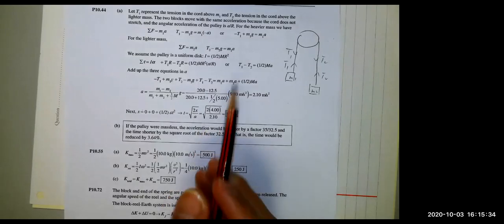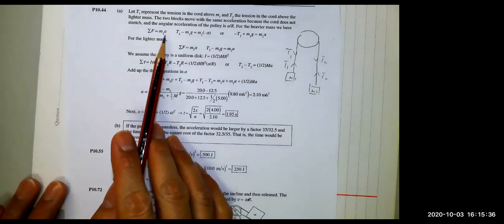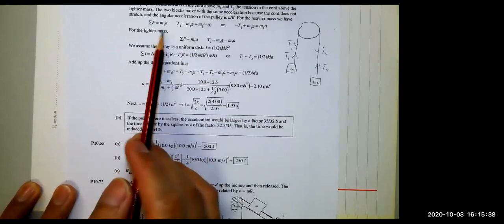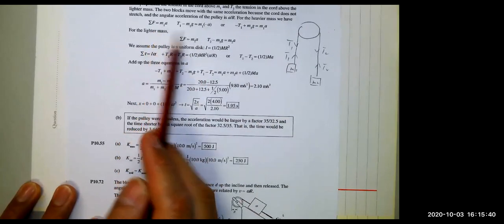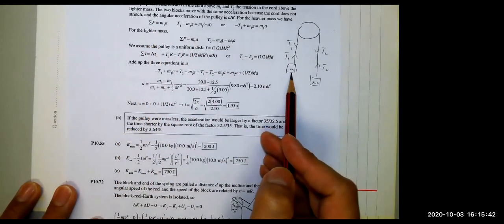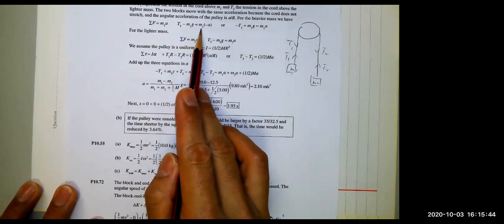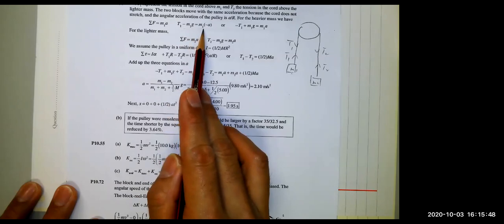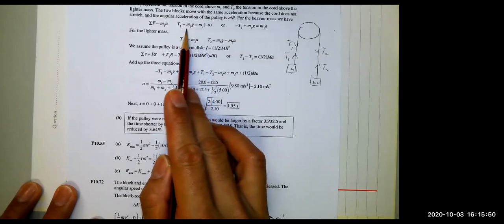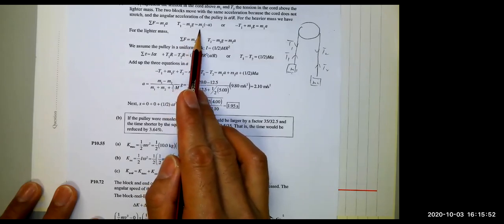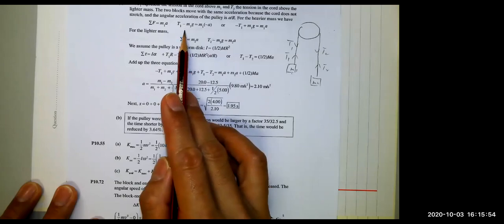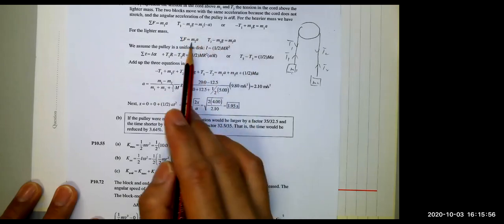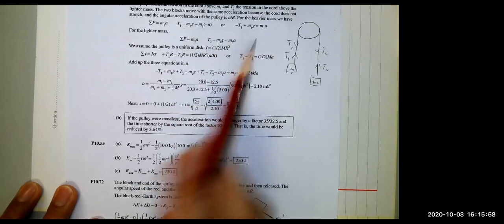So you could see that at first we try to write down all the equations. What are the net forces acting on M1? It is responsible for the linear accelerations for the mass m1 and mass m2.